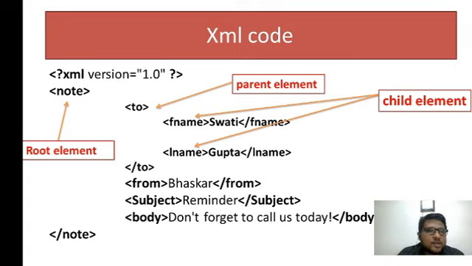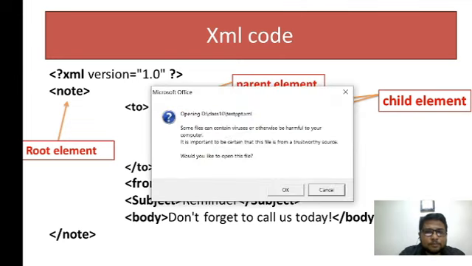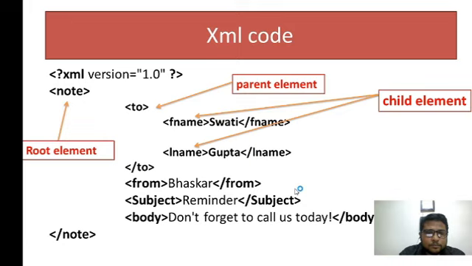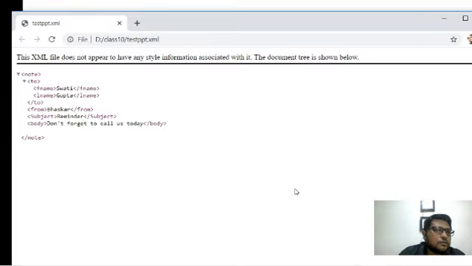So note is the root element. The output of this one, I think you understood this one, is a simple XML code, and the output of this one is this one. See, this is the output of this one.